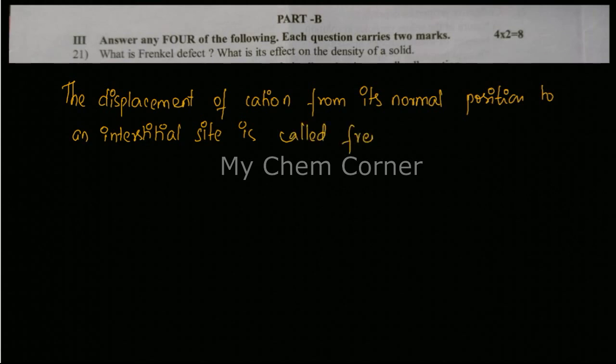Alright. So here basically in a Frenkel defect, if you're taking a cation, alright, it's a cation that will go from its own position to an interstitial site. Such kind of a defect is what is called as a Frenkel defect. So that carries 1 mark. Alright. So this one definition here will give you 1 mark.